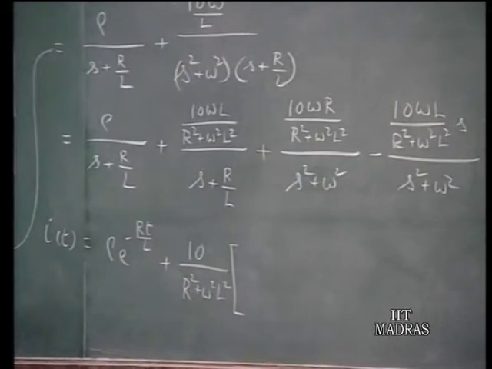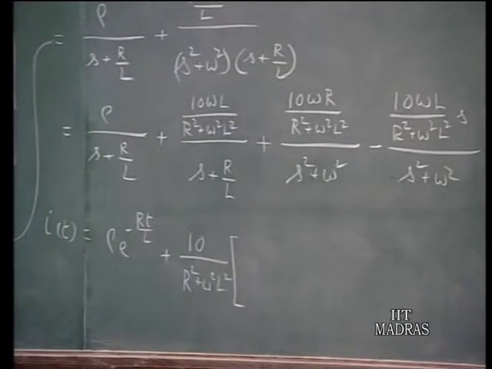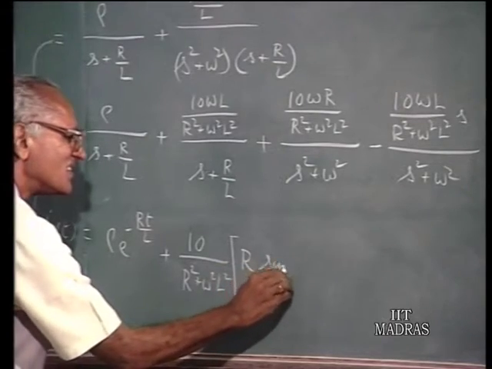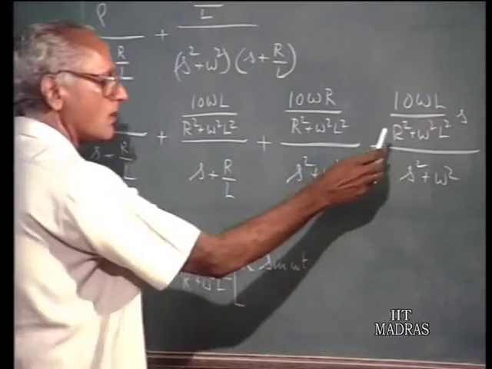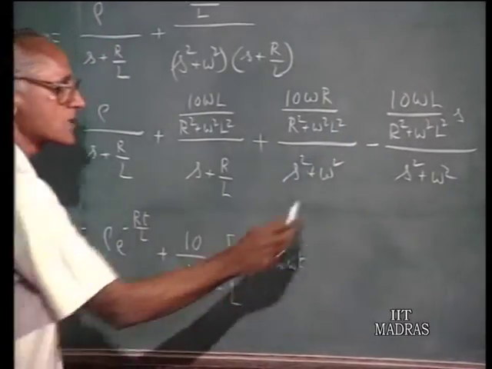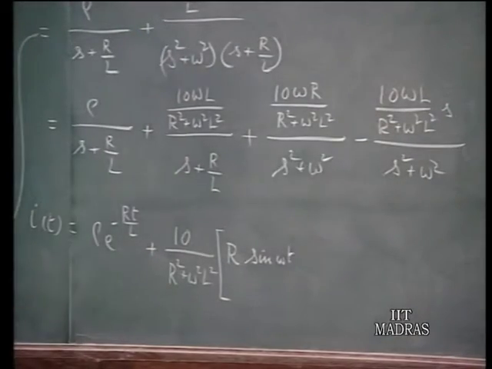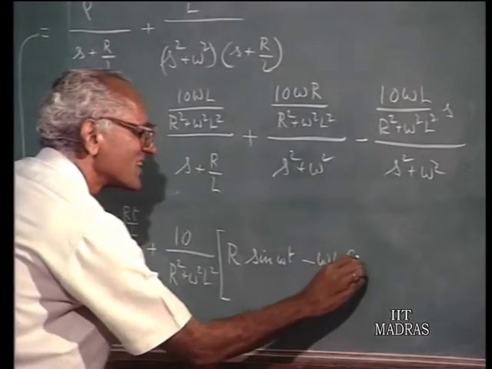You have omega over S squared plus omega squared gives you sin omega t, therefore, you have R sin omega t. Here again 10 over R squared plus omega squared L squared has been taken out. S by S squared plus omega squared will yield me cos omega t, therefore, I have minus omega L cos omega t.